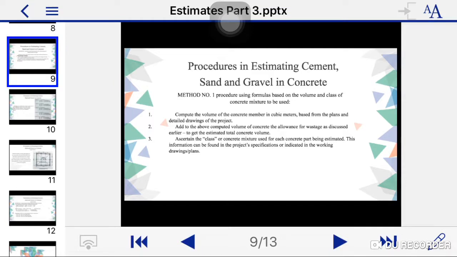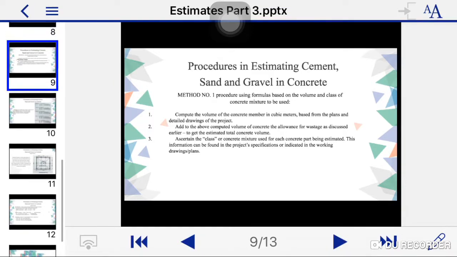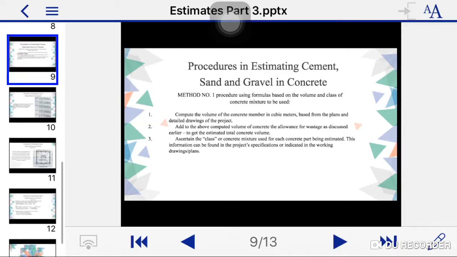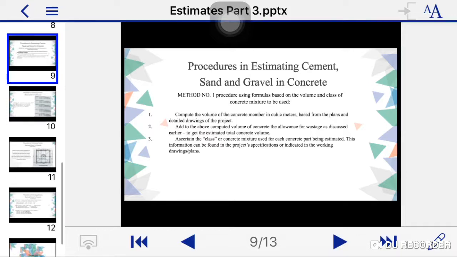So what are the procedures in estimating sand and gravel in concrete? We are already in the procedures in estimating materials, or estimating cement, sand, and gravel in concrete.